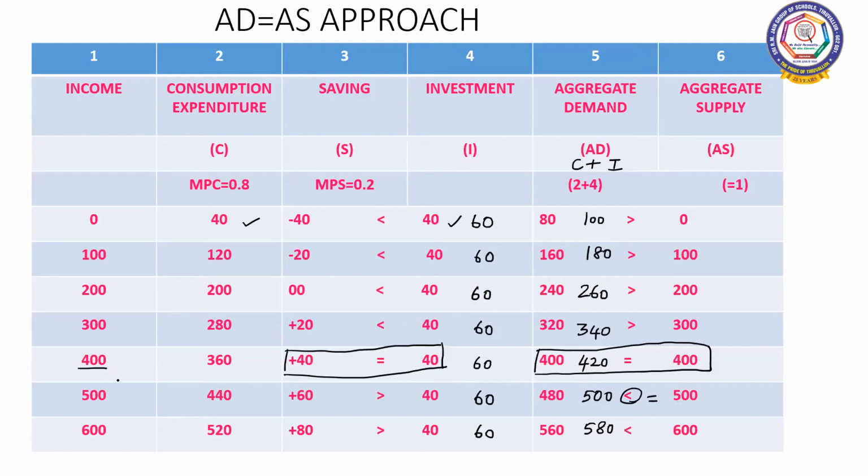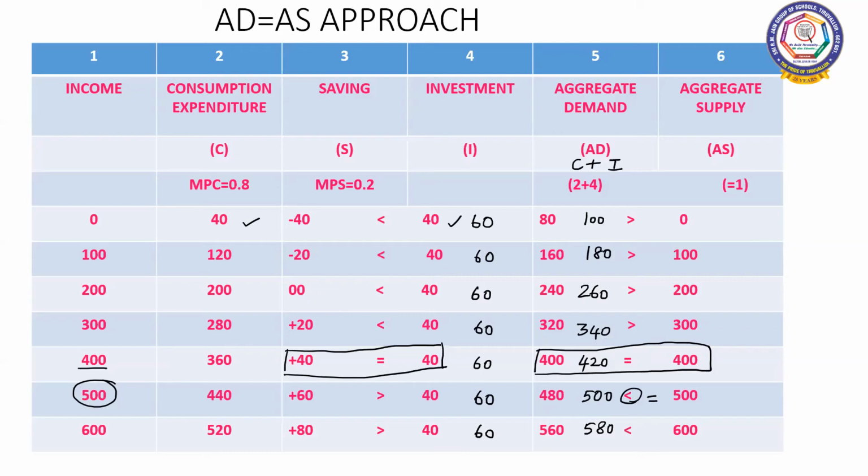Hence, there's an increase in income of 100. So from 400, the income has increased to 500 because of the increase in investment from 40 to 60. So it's proved that when there's an increase in investment, there is an increase in income too.